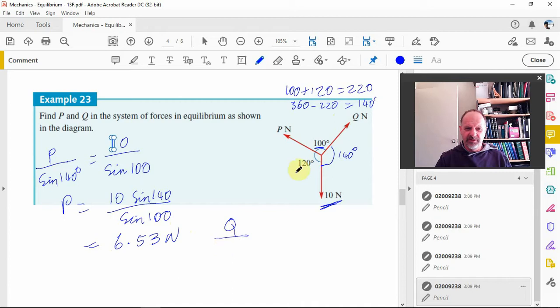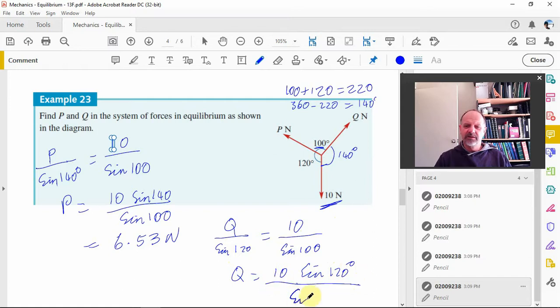The other thing we wanted to find was Q, with similar calculations. So Q over the opposite angle, 120, and again 10 over sine 100, and so Q equals 10 sine 120 all over sine 100.